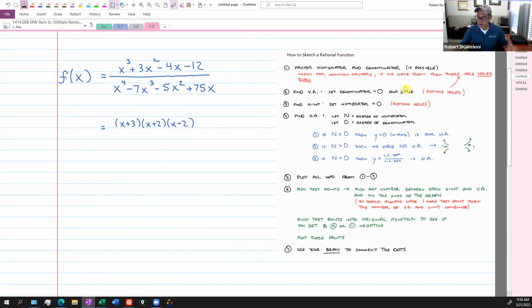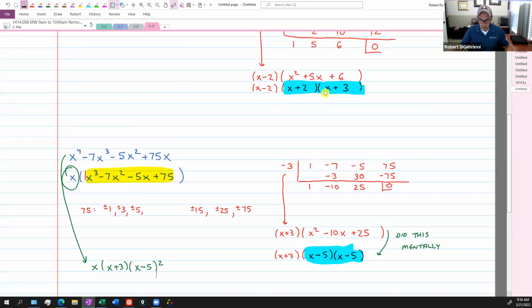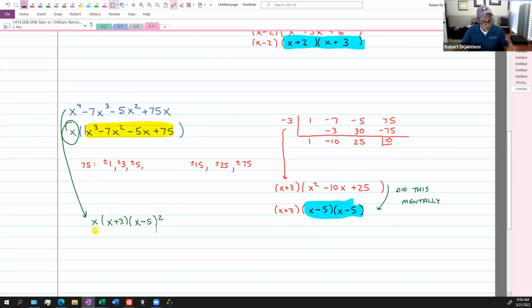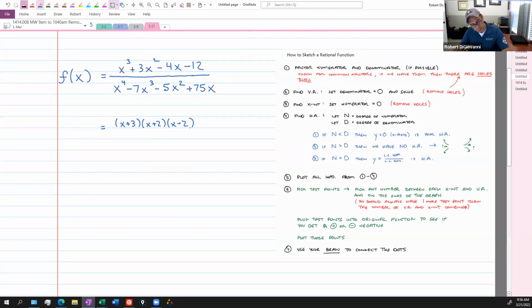That's what we got for the top one. Okay, and then this one was this right here. So x over, let's see, x, and then x plus 3, and then x minus 5 squared. That's what our original function is.